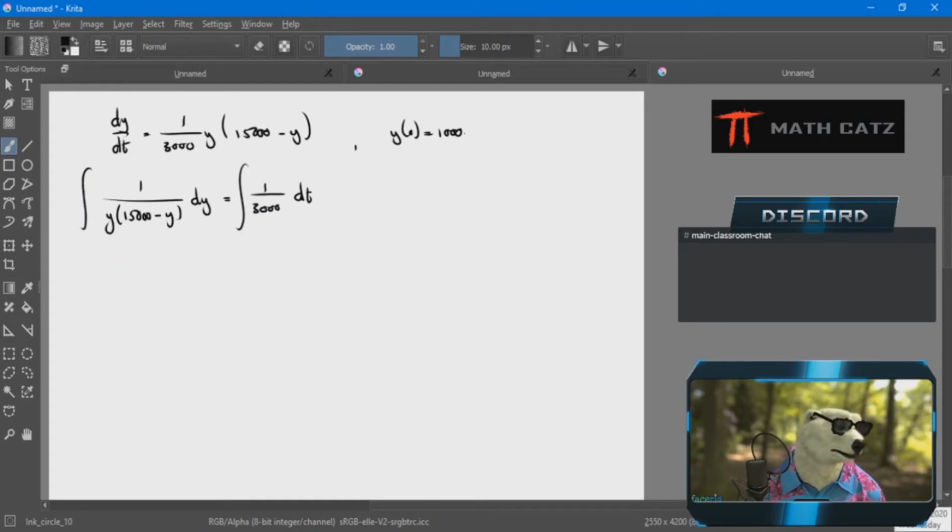But on the left, we have a partial fraction situation. Now again, we can spend an hour on partial fractions in a way that's more general than what we need. We don't need it to be a fancy topic. We just need to be able to split up this guy.